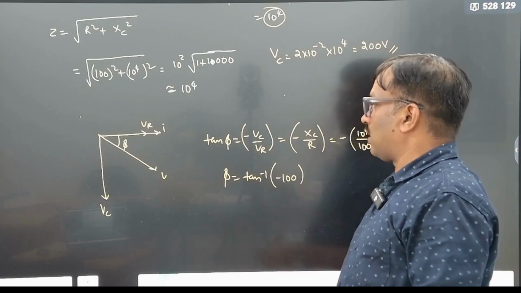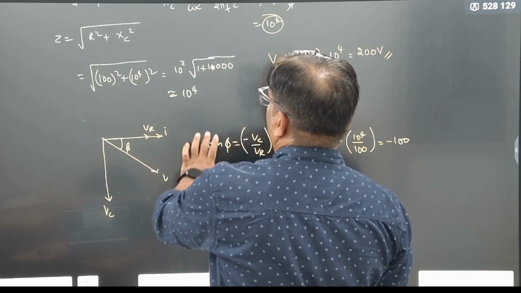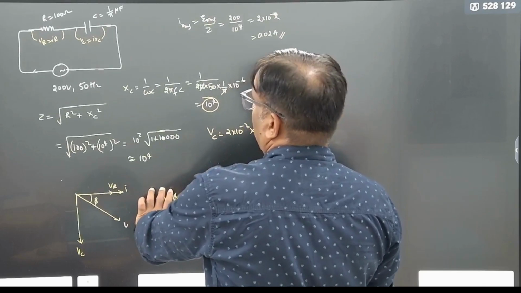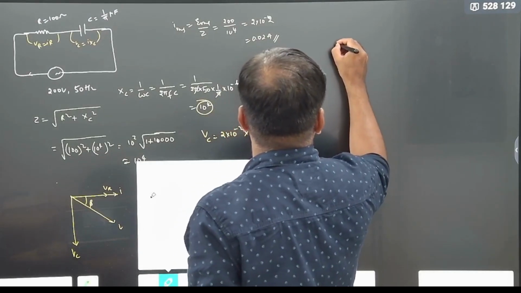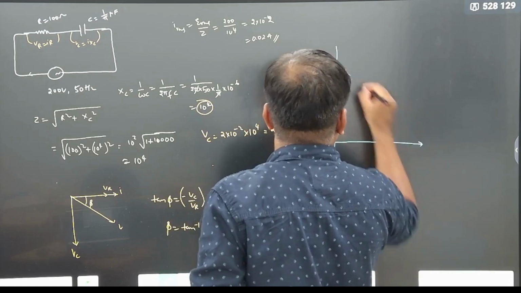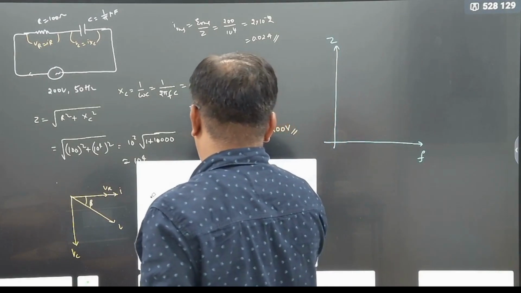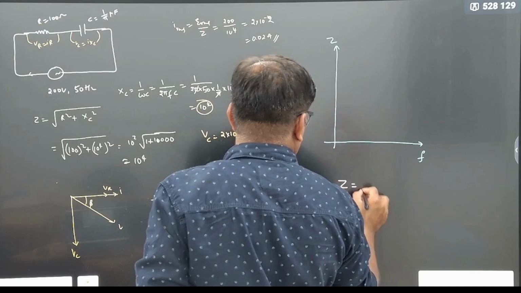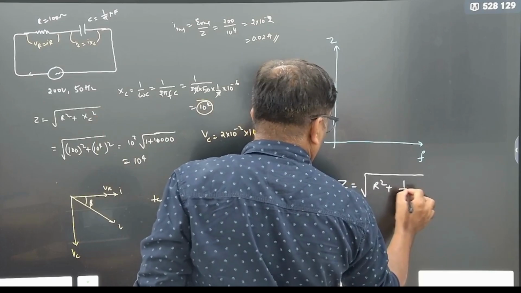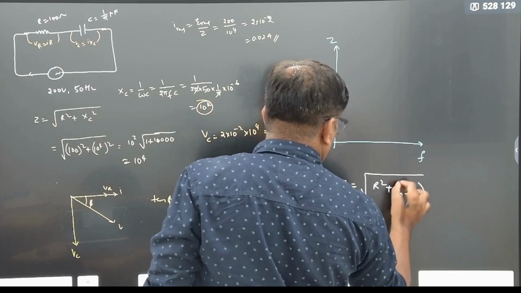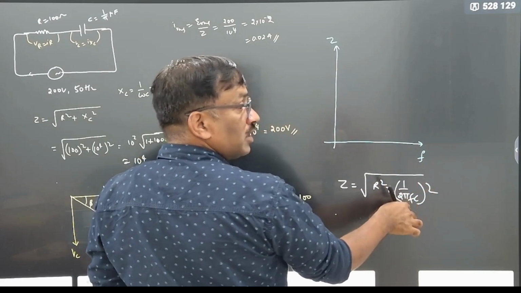What are the things we calculated? Here is one more new question we can calculate: how does the impedance vary with frequency? Impedance equals root of R square plus XC whole square, where XC is 1 by 2 pi F C. If F equals 0, then 1 by 0 is infinity.